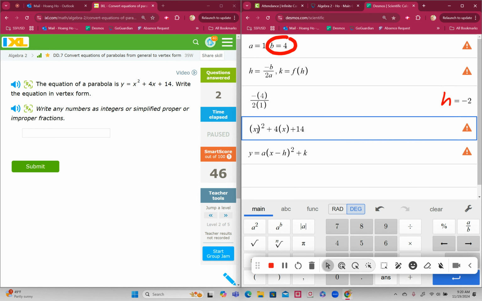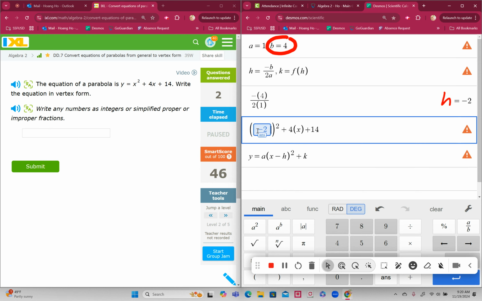So now instead of x, I put the h, negative 2. So you can type negative 2, or you put answer. It will put the answer from the previous calculation, which is negative 2. All right, so I put answer right there. So I come out, this is the k value. The k value comes out at 10.